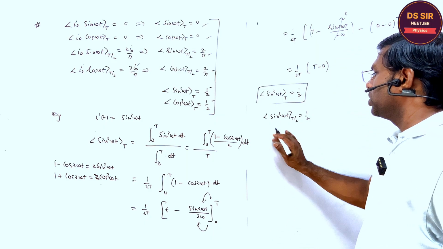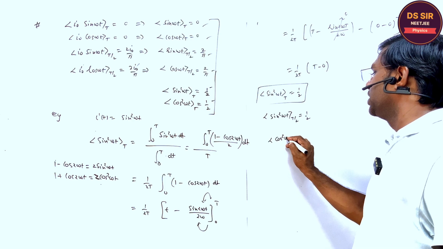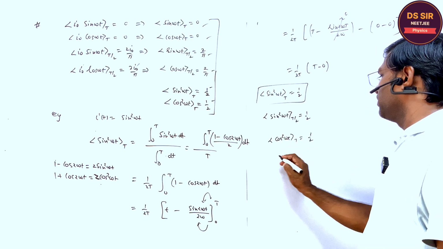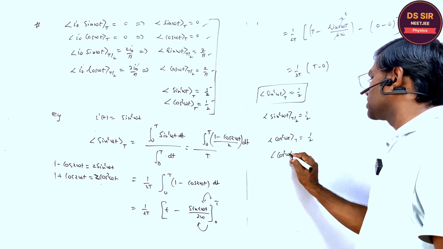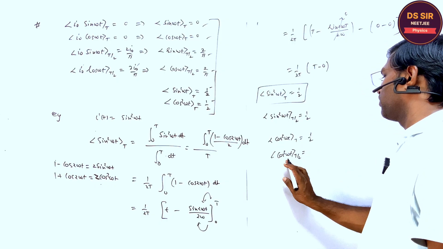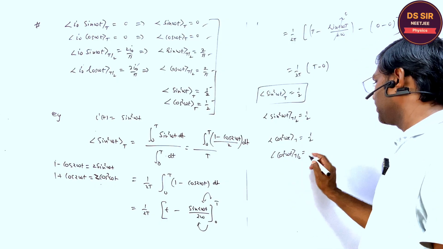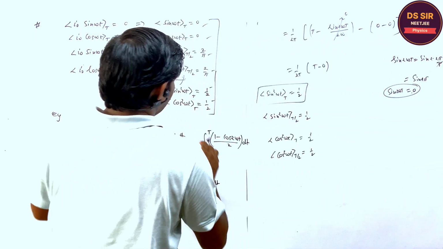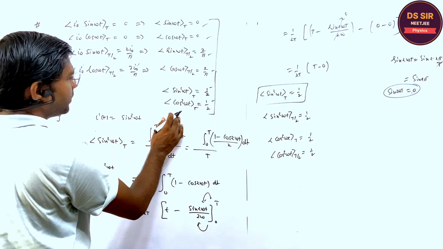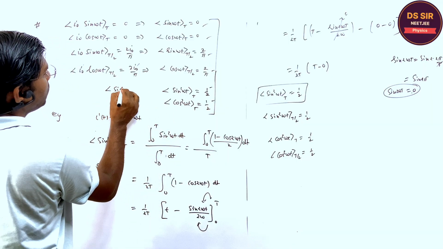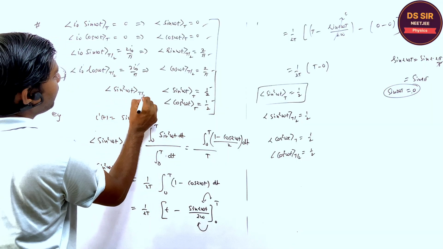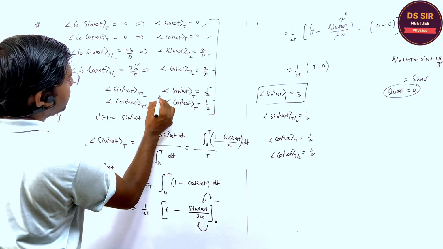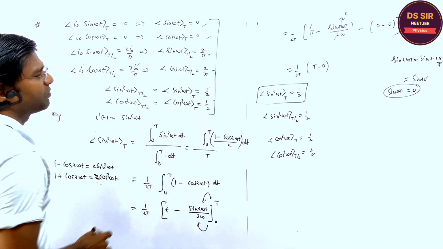In the same way, if you integrate cos square omega t and find the average value for a half time interval, this value is also 1 by 2. So in this table you can write sin square omega t for half time interval and cos square omega t for half time interval; both values are 1 by 2.